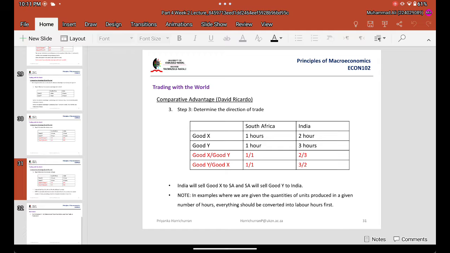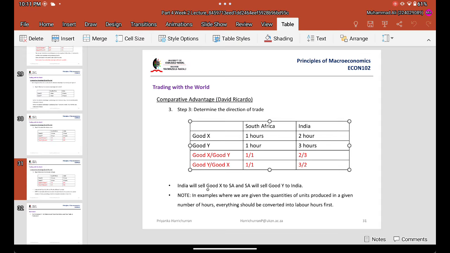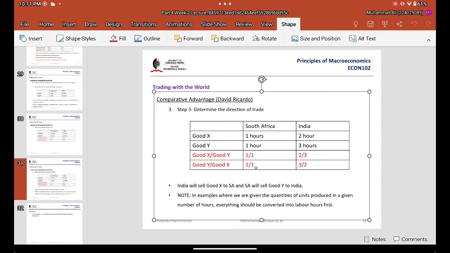The reason why they did those two calculations after is because not necessarily when you look at the thing will it always be right. That is why they did the calculation and said India will sell good X, and South Africa will sell good Y. Okay, makes sense. So you have to do this calculation at the end, right? Don't forget that you have to do the calculation. Don't just look at it and see that South Africa is cheaper. No, it's different. So yeah, that's it.